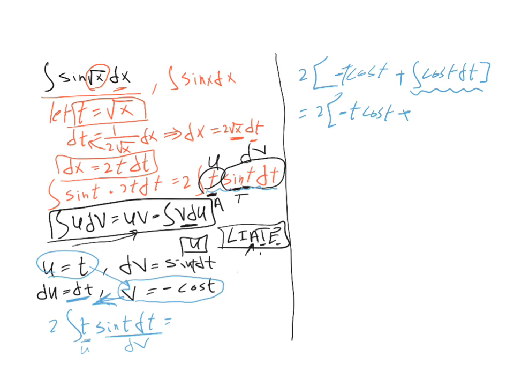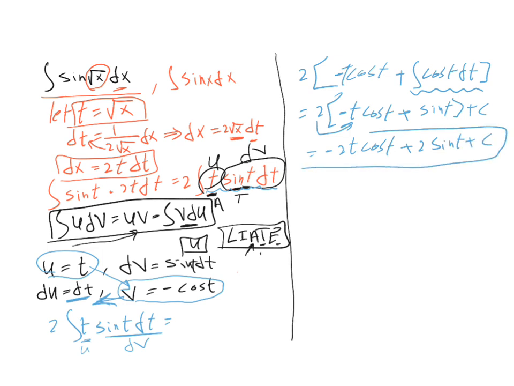Integration of cosine is just sine t plus c. So the final answer will be negative 2t cosine t plus 2 sine t plus c. This is the final answer.